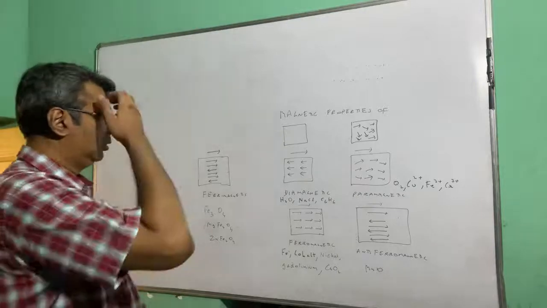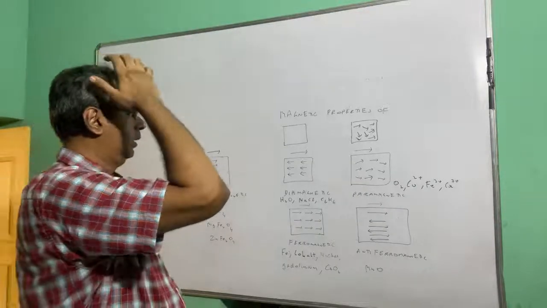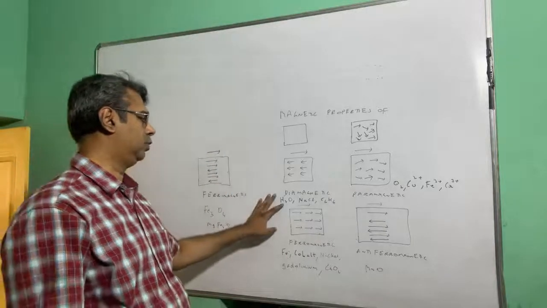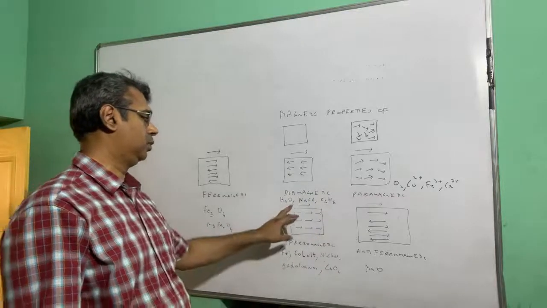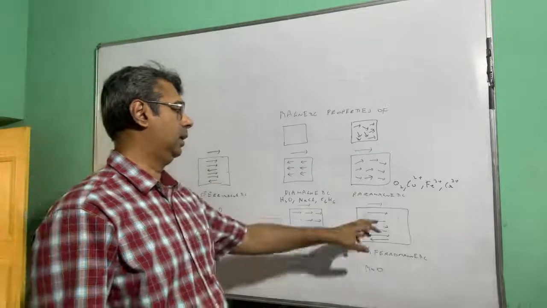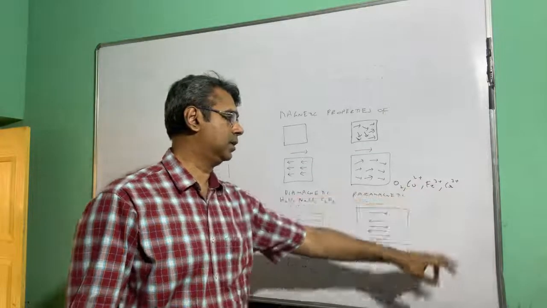Regarding the examples, diamagnetic examples are H2O, NaCl, and C6H6. Paramagnetic examples are O2, Cu2+, Fe3+, and Cr3+.